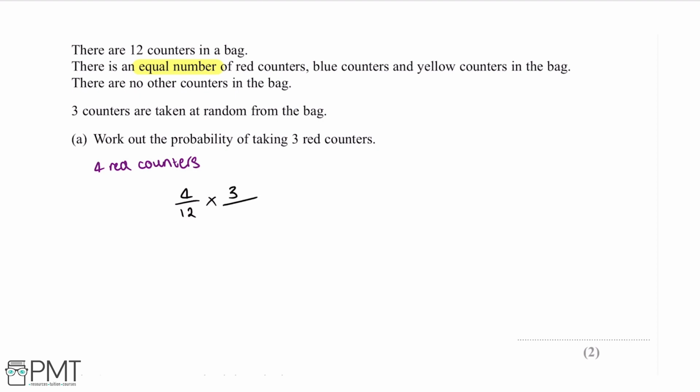And if we've taken 1 away from the total, this means there will be 11 counters left in the bag. Now again we can assume that we've taken 2 red counters out of the bag, meaning there will only be 2 red counters left out of a total of 10 in the bag. And if we put this calculation into our calculator, this gives us a probability of 1 over 55.